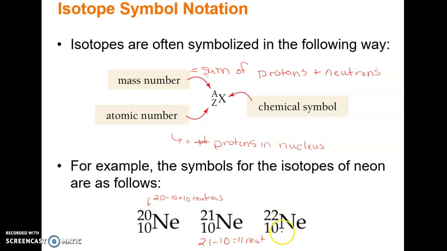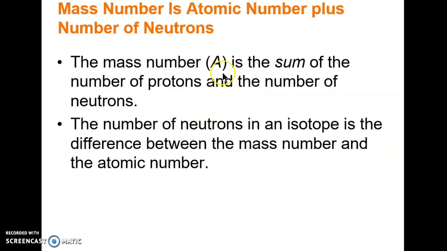And this one is 22 minus 10, so it would have 12 neutrons. But keep in mind the protons are always going to stay 10. That's what makes it neon. So to sum that up, the mass number is the number of protons and neutrons, and the number of neutrons in an isotope is the difference between the mass and the atomic number.